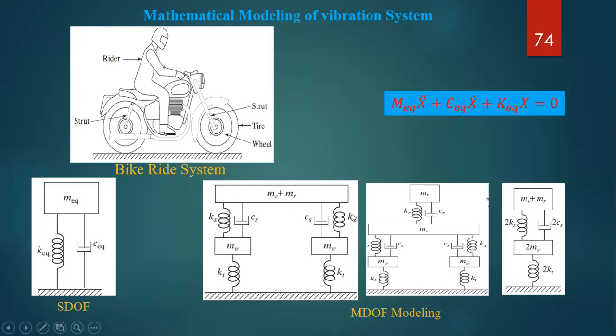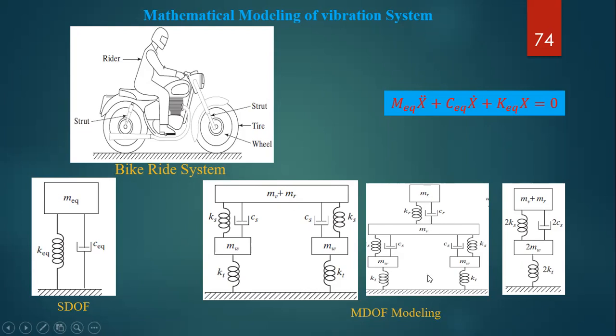This is for both front and back. Again, someone can represent it in an equivalent manner here: M_B plus M_R, where M_R is the rider mass and M_B is the bike mass.